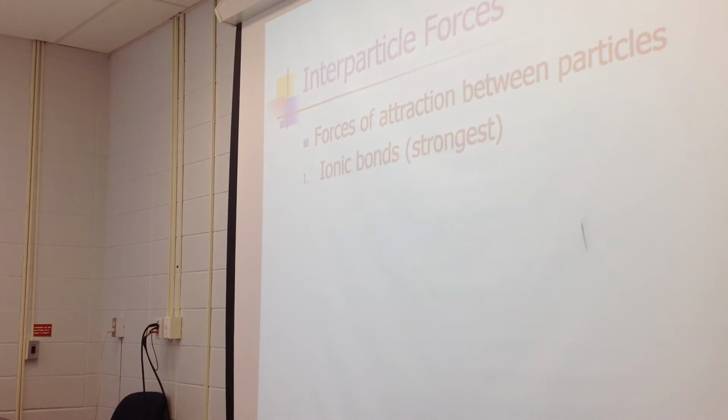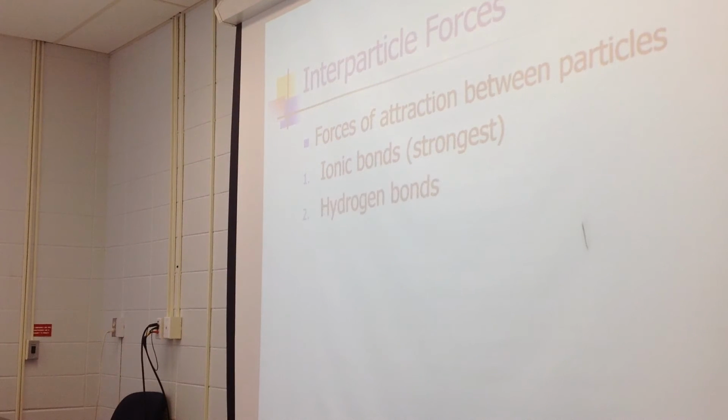Right? Those are very strong bonds. In fact, most ionic compounds are solids at room temperature because the bonds are so strong that the ions are held in essentially fixed positions. They don't move much with respect to one another. All right?